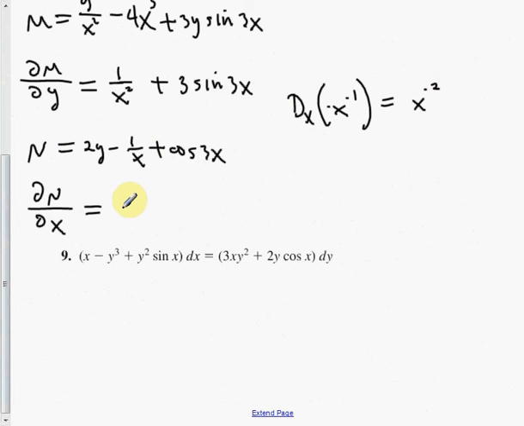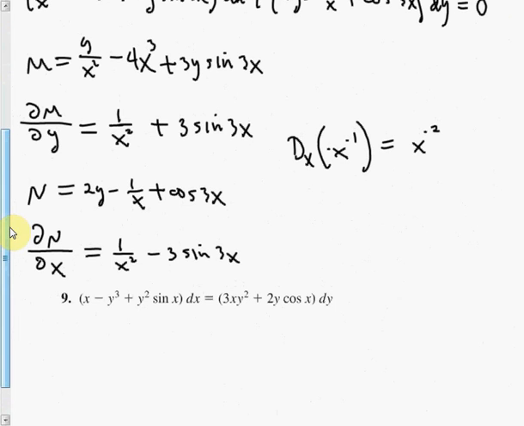So here, this is 1 over x squared. Take the derivative of this term with respect to x. So this is minus 3 times sine of 3x. They're almost equal, but look, this is a plus, and that's a negative. So they're not exact.